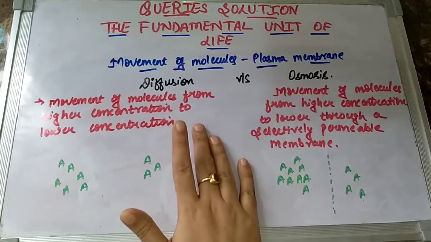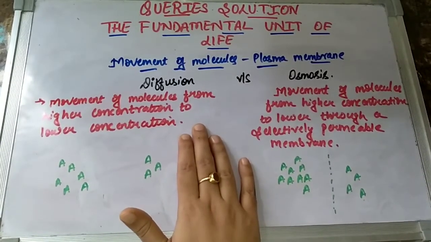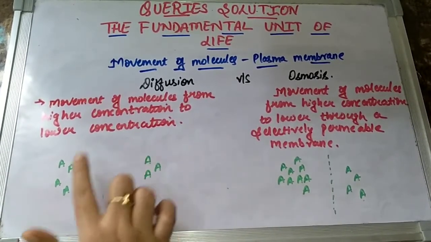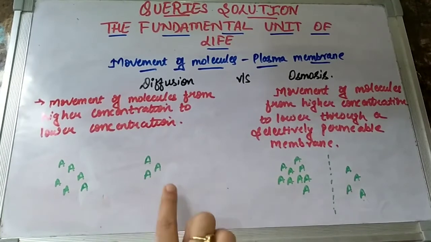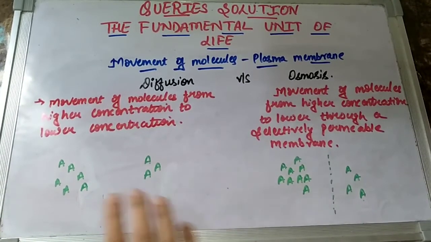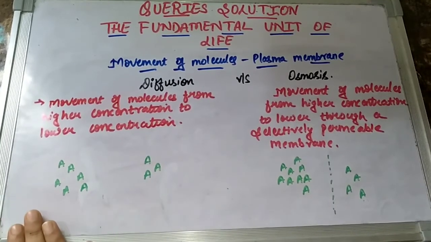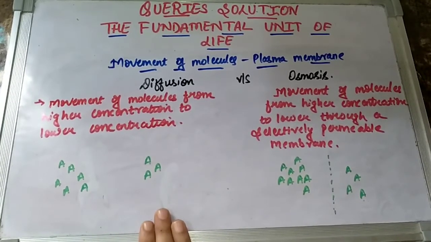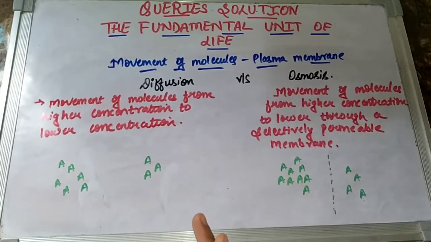Diffusion, as you can see, is the process in which the movement of molecules occurs from an area of higher concentration to an area of lower concentration. It is the movement of molecules from the side where they are more in number to the area where they are less in number. This process of diffusion can occur in all states of matter: solid, liquid and gases.